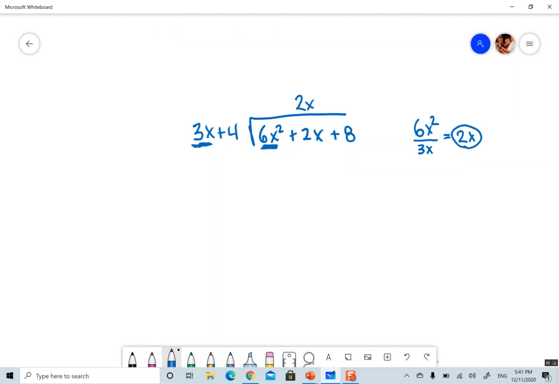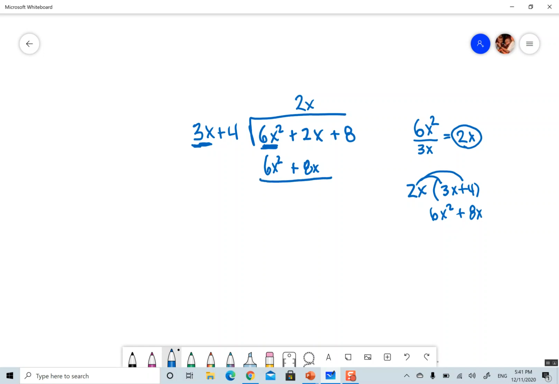I'm going to do that here. I'm going to take the 2x times the 3x plus 4, which when I distribute through becomes a 6x squared plus 8x, and I'm going to put it underneath what I already have. The next thing I did with numbers was subtract, so I'm going to subtract.